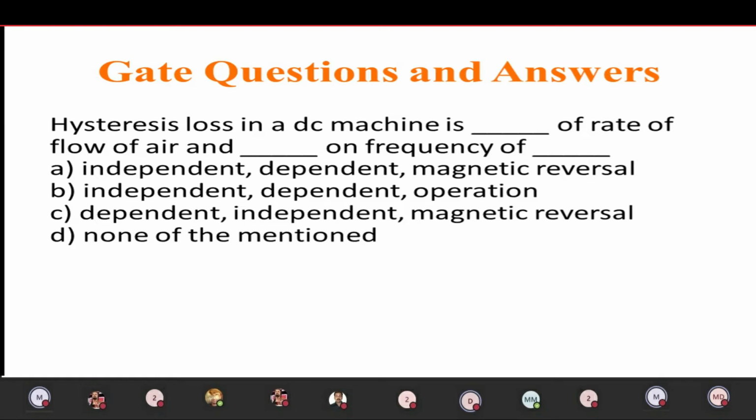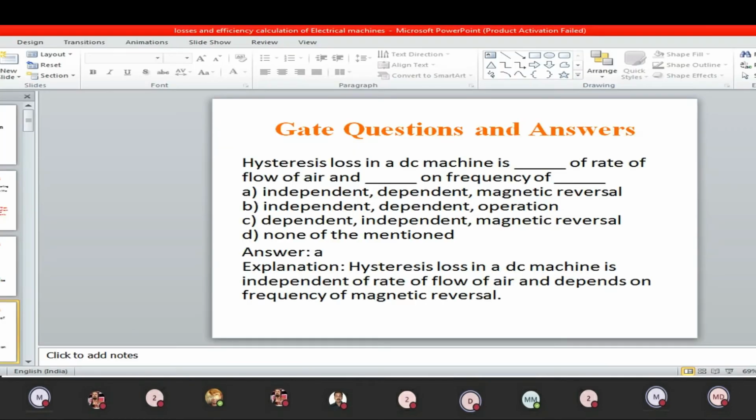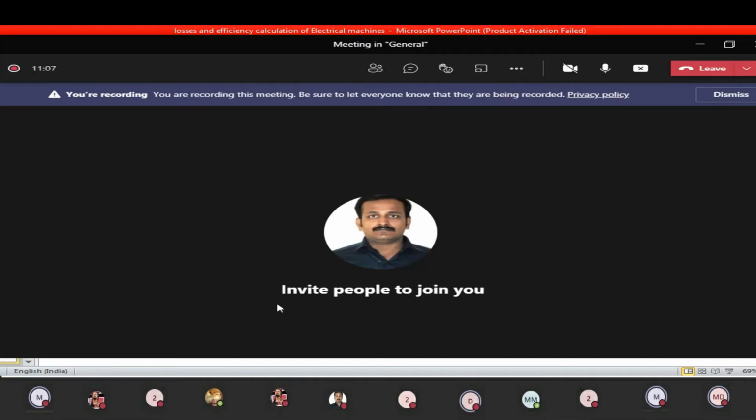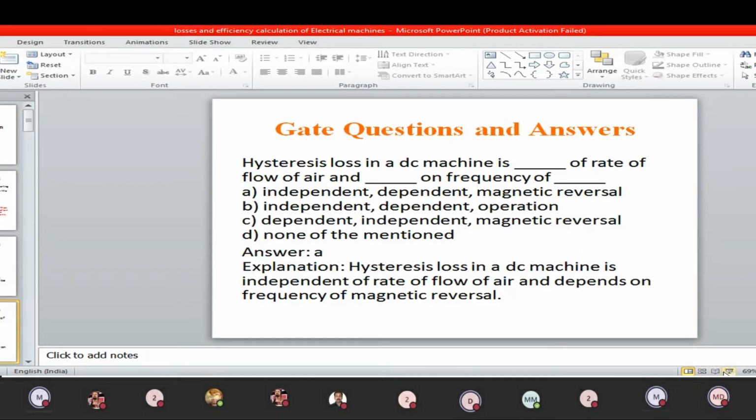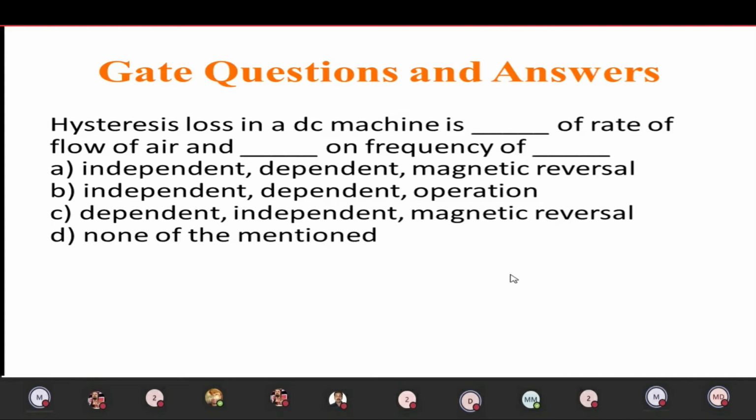Third one is dependent, independent, magnetic reversal. And fourth one is none of the mentioned.